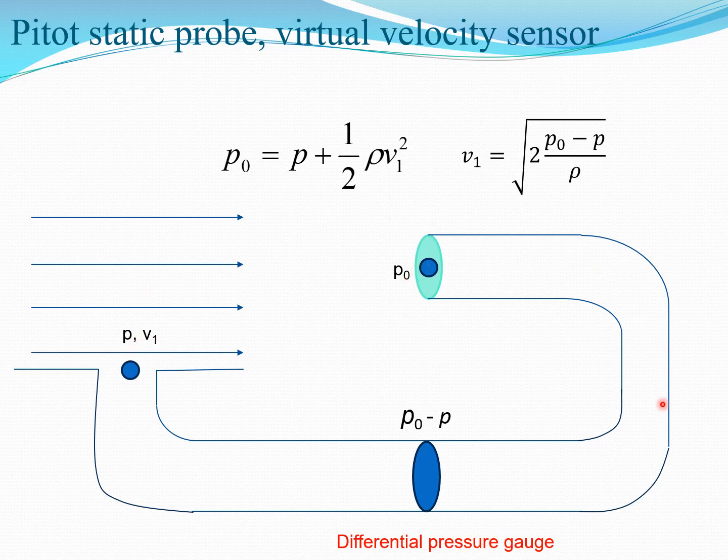Now what happens is that it comes to a stop, and so this part of the Pitot static probe is going to measure P0, this part is measuring P, and so there is a certain point here, the differential pressure gauge, where you essentially measure P0 minus P. So this Pitot static probe is essentially able to calculate the differential pressure, the difference between P0 and P, and therefore from the formula for V1 which we derived in the previous slide, I can immediately calculate the value of V1. So V1 would be root of 2 times (P0 minus P) by rho.